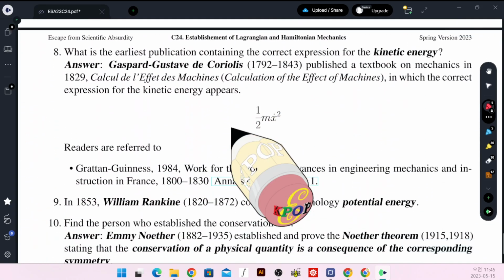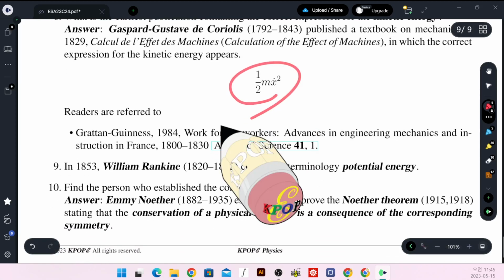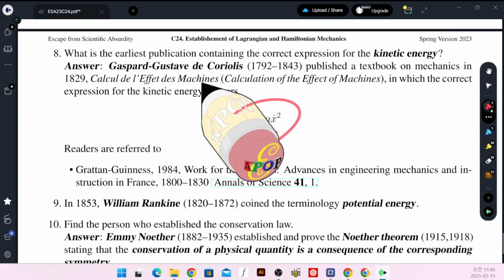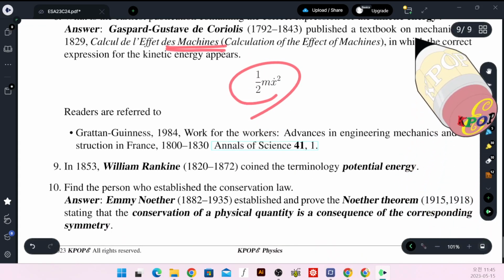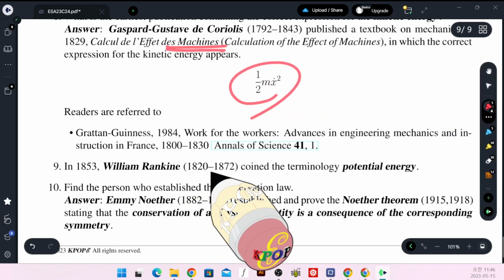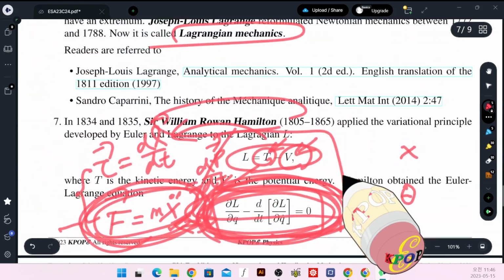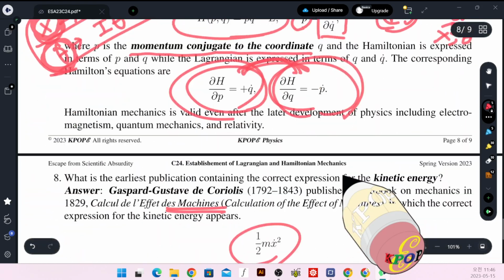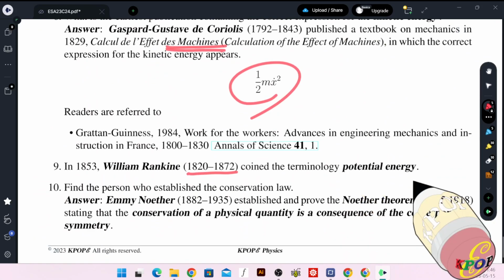Okay, what is the earliest publication containing the correct expression for the kinetic energy, 1/2 mv squared? You can find it in the book of Coriolis. This is a mechanics book. All right. The concept of potential energy was developed already by Euler and Lagrange, but it took a very long time to appear in textbooks.